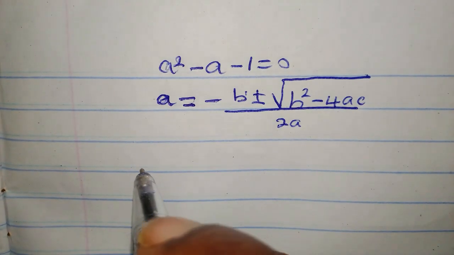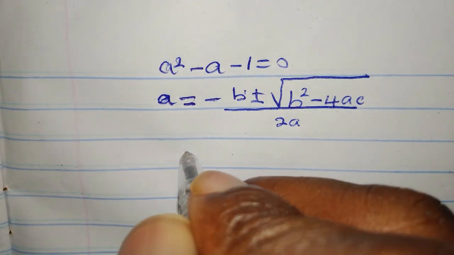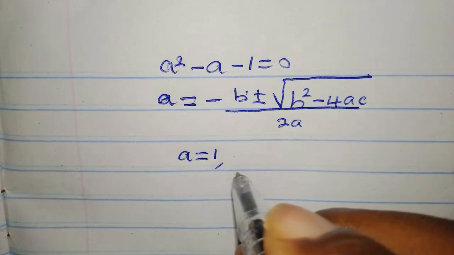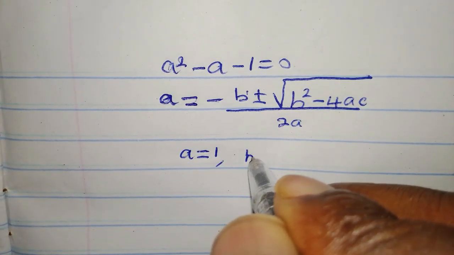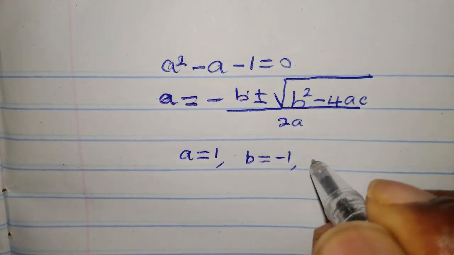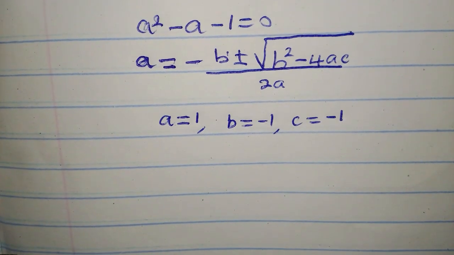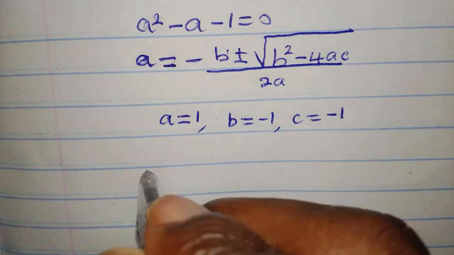So from here we can say the coefficient of a squared is 1, the coefficient of a is minus 1, and our constant is also minus 1. So if we substitute everything here, we have our a.